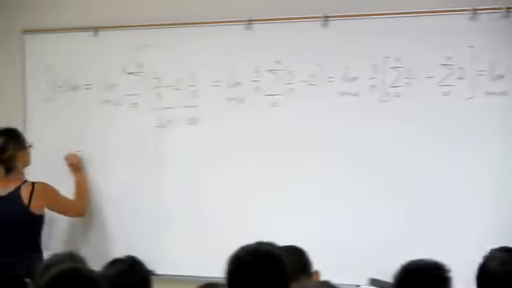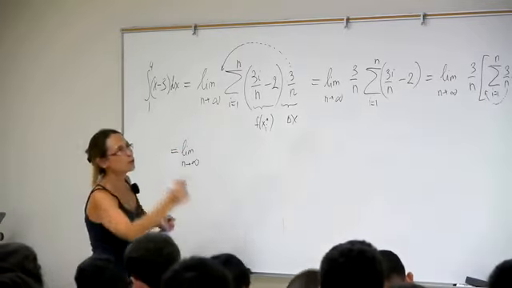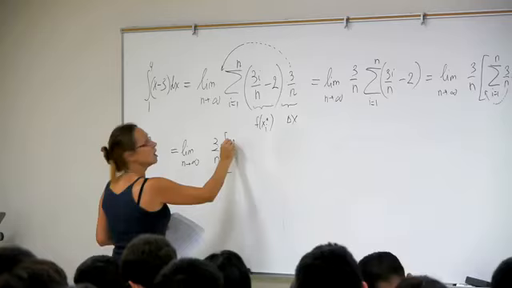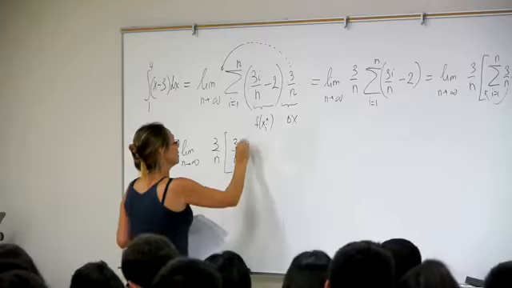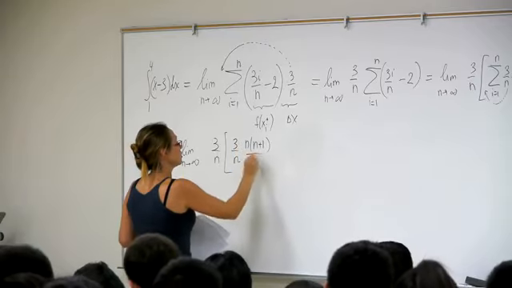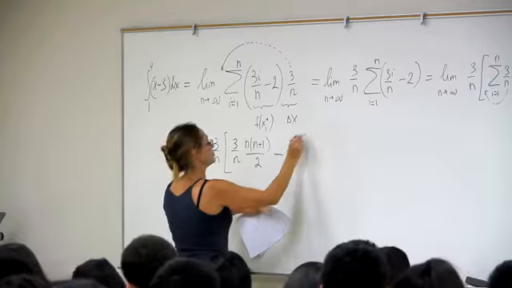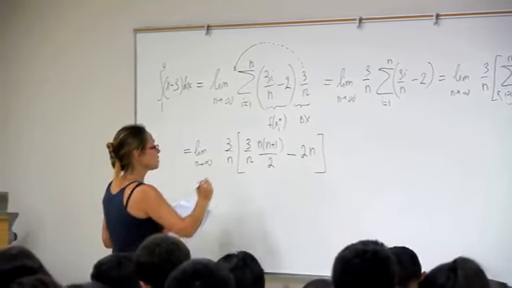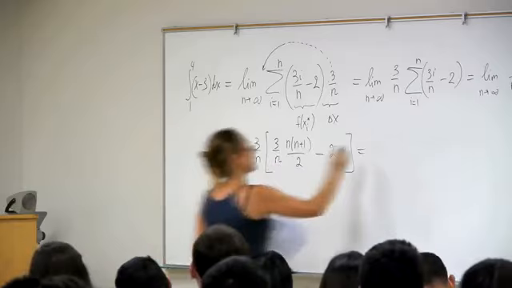So I continue here. Limit as n goes to infinity. I have to collect everything I have here. So 3 over n, times n plus 1 over 2, minus 2n. So something is going to simplify. I'm going to divide through by n.